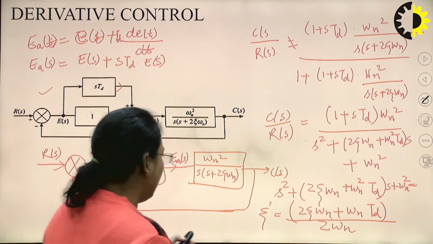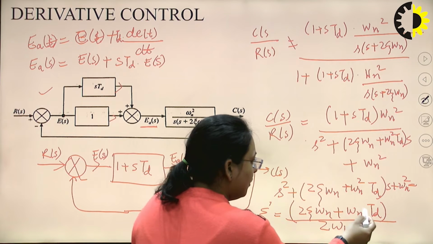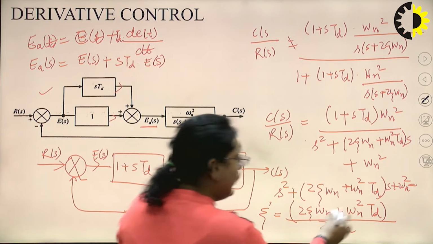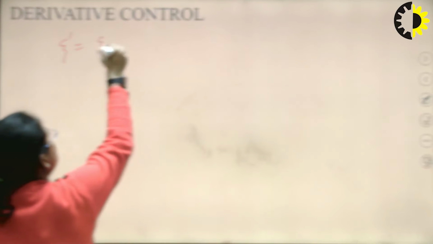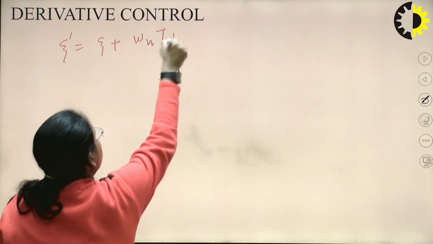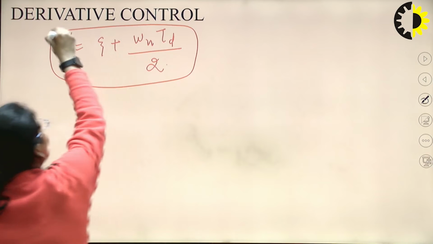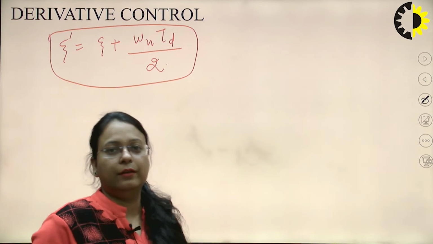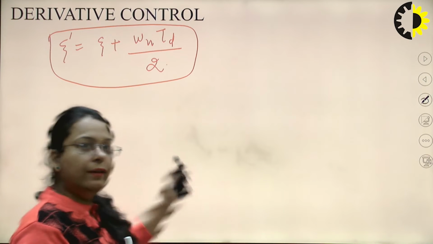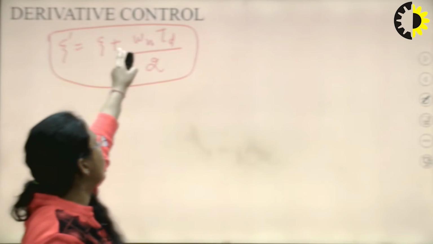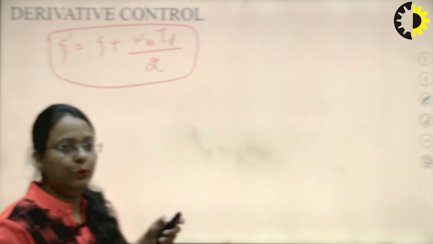Here 2 omega n cancels out, so zeta dash will be equal to zeta plus omega n T_d by 2. So this will be the new damping factor. If we introduce the derivative control in the forward path, then the damping factor will be increased by this term, omega n T_d by 2, right?